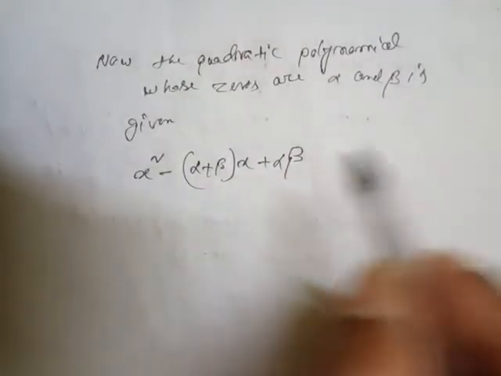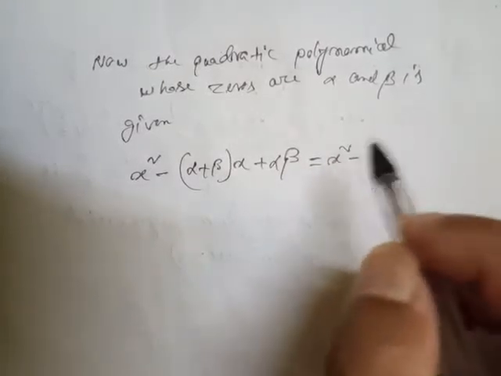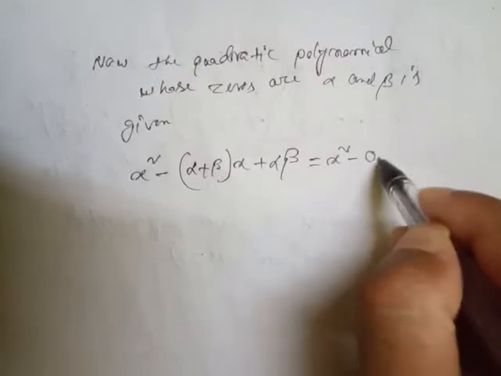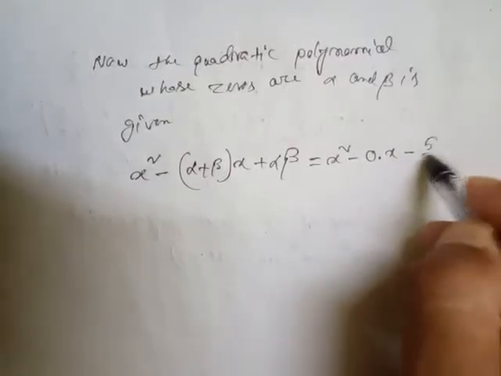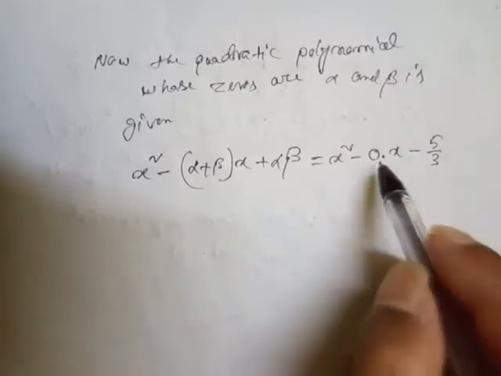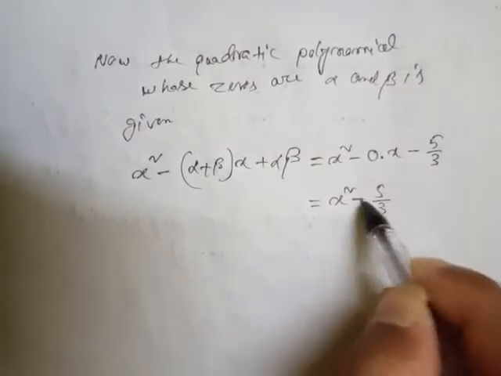So here we can write that x square minus, alpha plus beta is 0, obviously 0 into x, and alpha into beta is minus 5 by 3. Now 0 into x is 0, so x square minus 5 by 3.